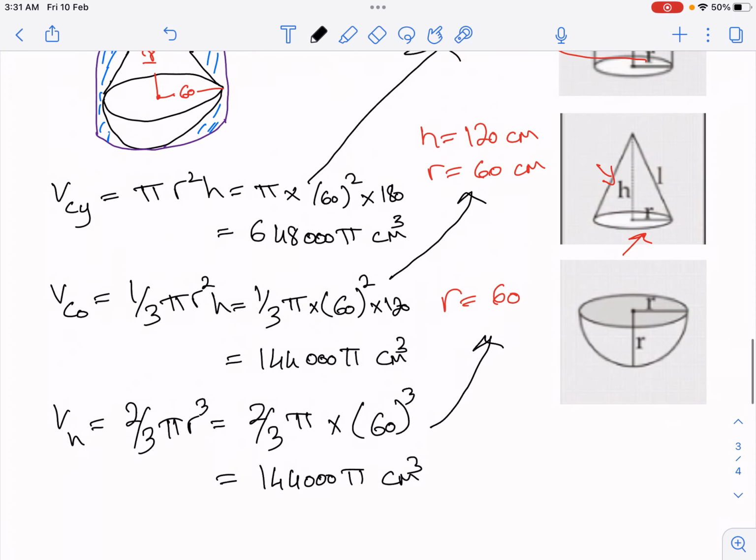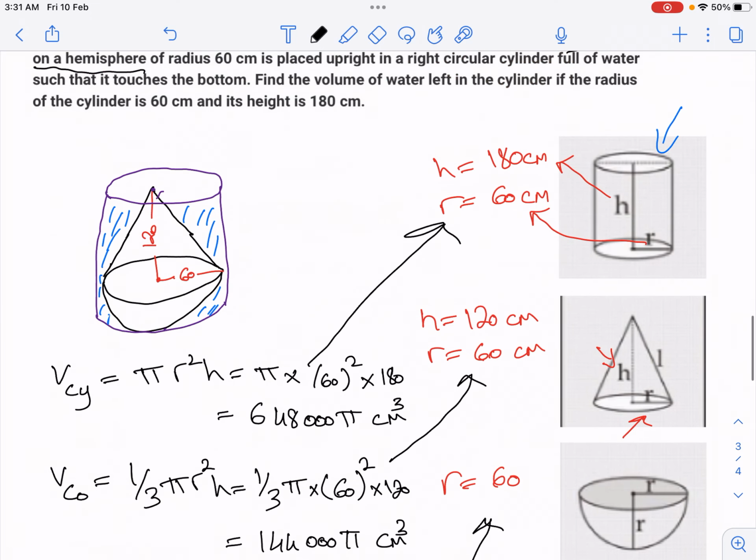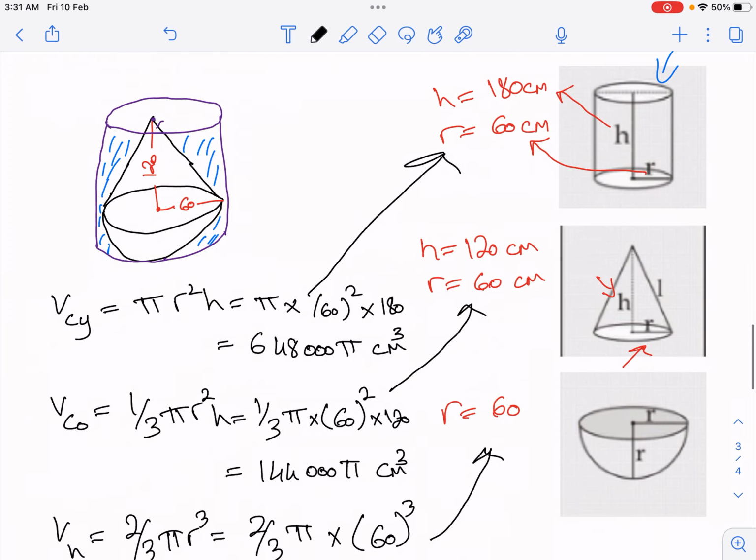So going back to our question, I'm going to explain again using this drawing. We need the volume of the water inside, so we take the total volume of the cylinder minus the volume of the solid object inside.